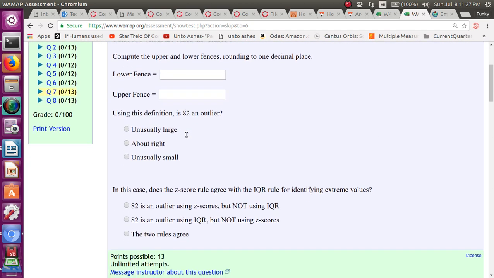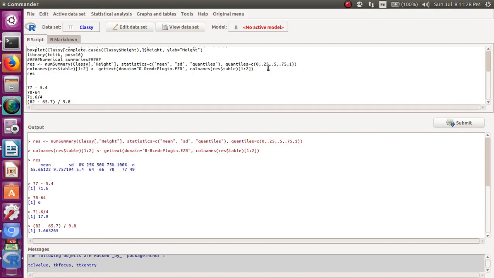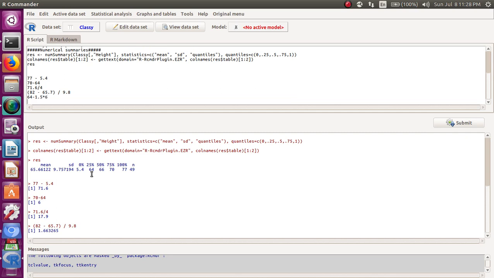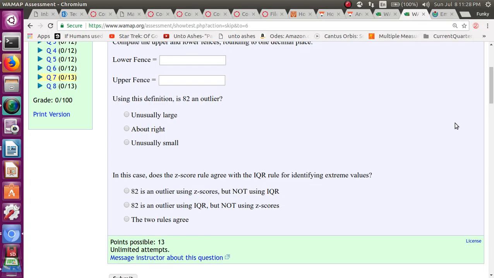You recall the IQR is 6. So let's find out what the lower fence is. Q1 is 64, so I'm going to do 64 minus 1.5 times 6. Then the upper fence is Q3, 70, plus 1.5 times the IQR, which is 6. So let's compute those two numbers. They are 55 and 79.